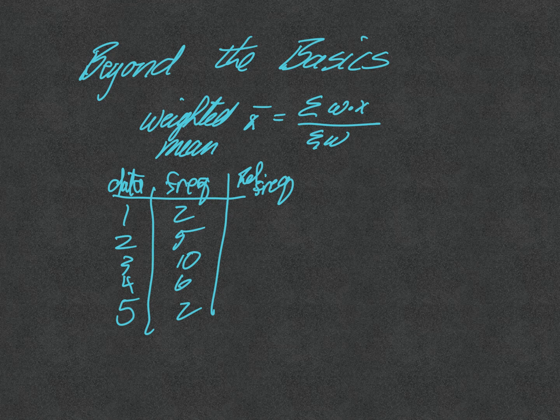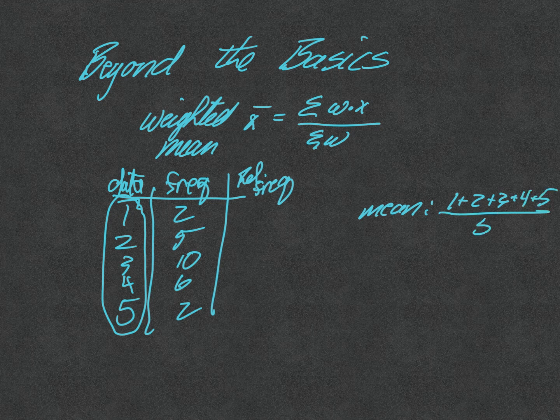Since this is the data, you want to find the mean. Most people would just add the data, 1 plus 2 plus 3 plus 4 plus 5, and then divide by 5.